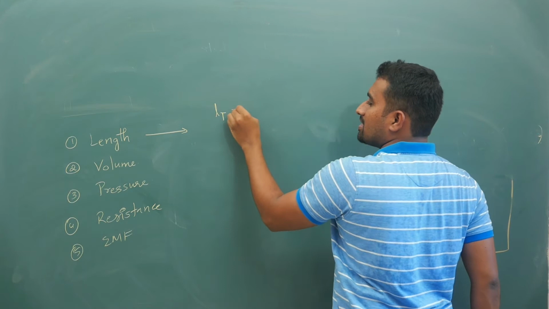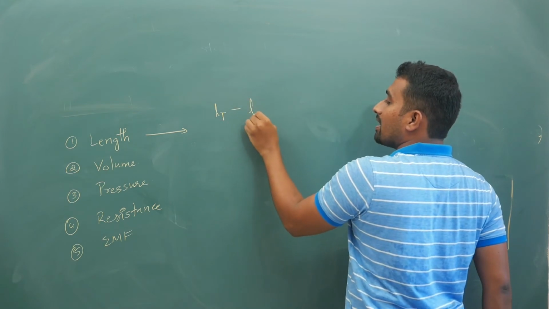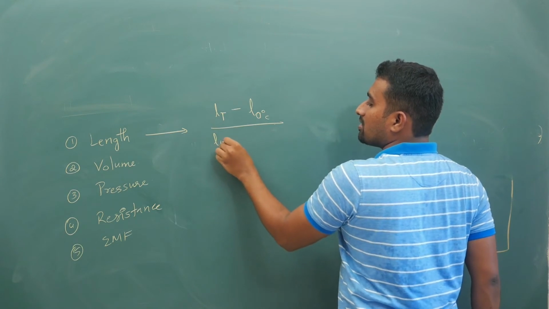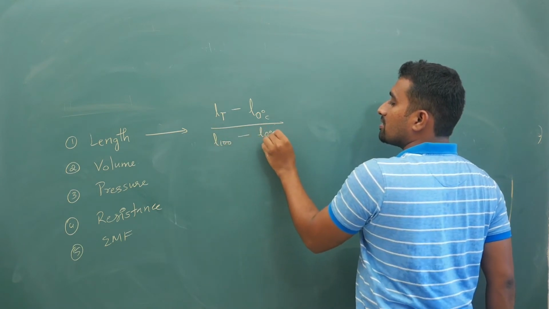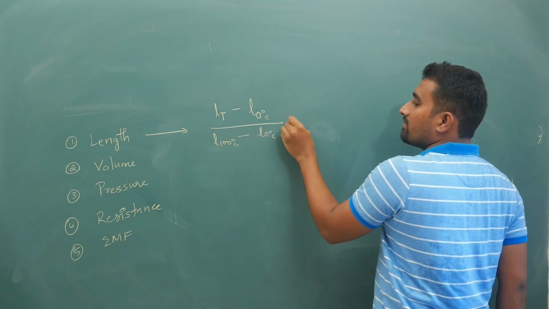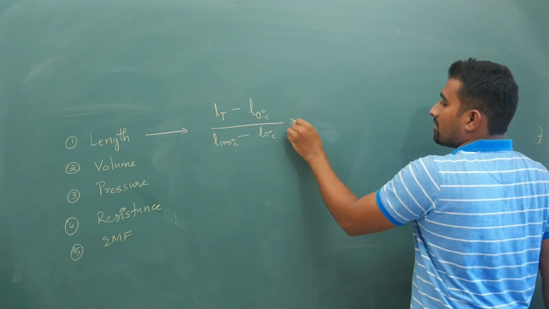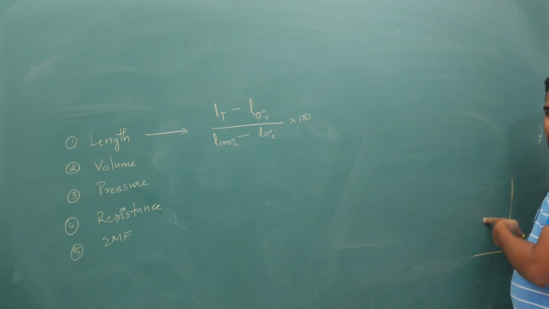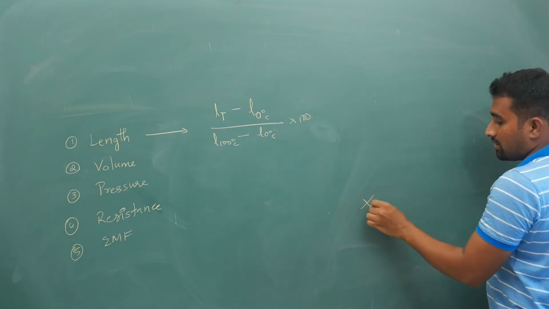Length at temperature T minus length at ice point or 0 degrees centigrade, by length at 100 or steam point minus length at 0 degrees centigrade, that will give you into 100. I think I have multiplied it by 100, right? No, I did not do it. Sorry.